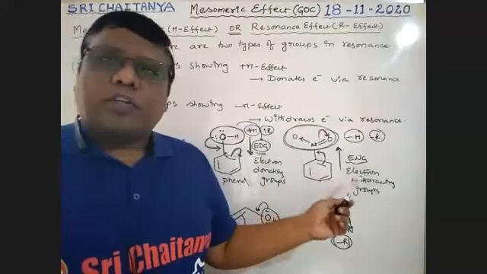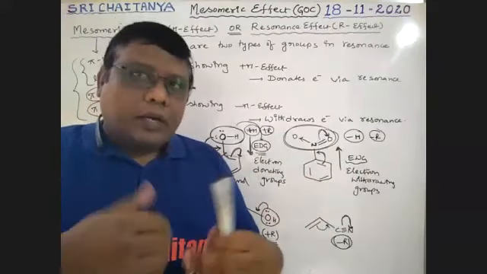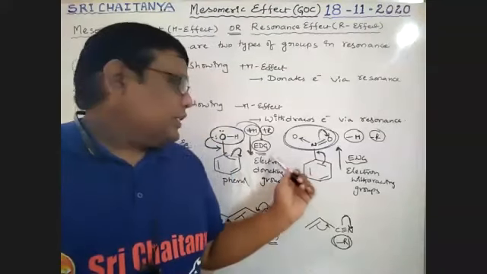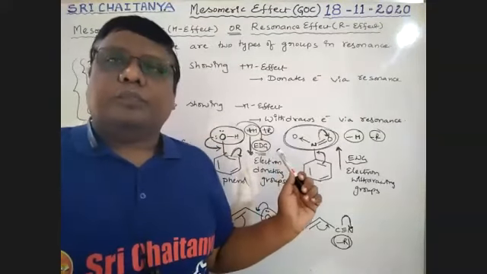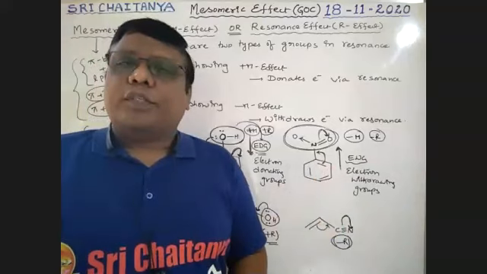So that is electron withdrawing group, electron donating group, electron releasing group. This is electron releasing group, electron donating group. Okay, so these are the groups.